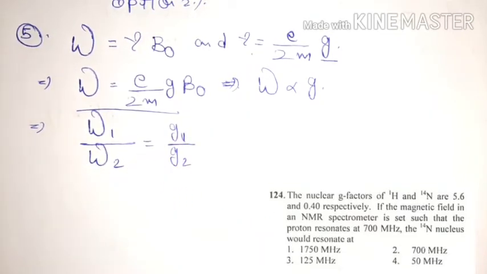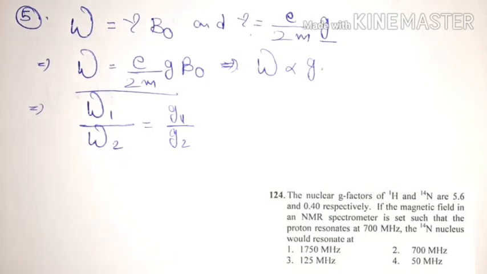According to our question, we have a value of G1, that is 0.4 for 14N, and a value of G2 for 1H, that is 5.6. We have a value of omega 2, that is 700 megahertz, and you must find the value of omega 1.